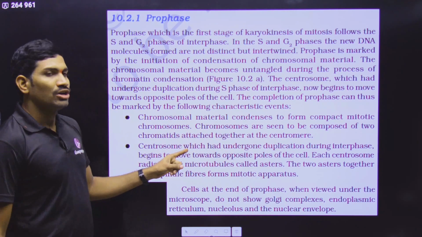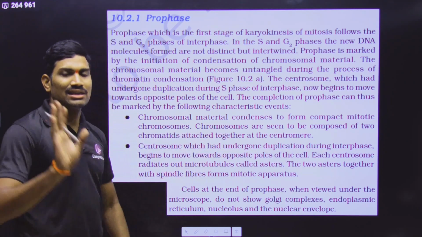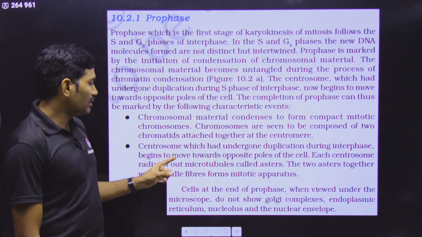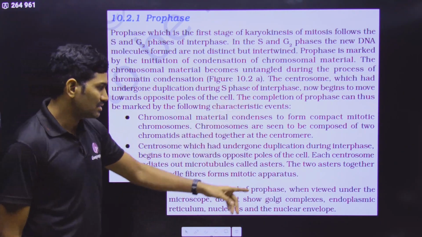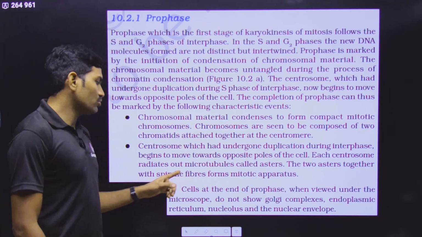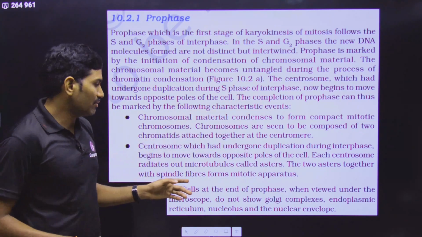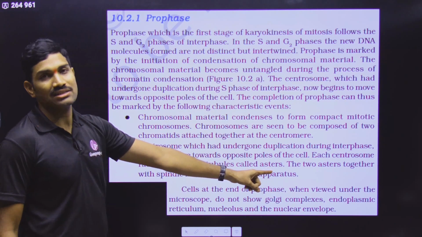Next one, centrosome, which had undergone duplication during interphase. In the interphase means where? In the S phase they have undergone duplication. Now they begin to move towards the opposite poles of the cell. Now they are going to opposite sides. Next one, each centrosome radiates out. Radiates out means gives out. From that they are coming from all the directions. What? Microtubules, and they are called as asters.